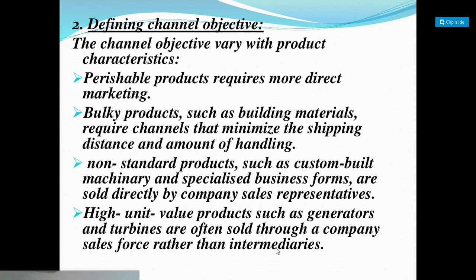Not only that, high-value products such as turbines, generators, and big electrical items will be sold only directly by the sales force, not through intermediaries, because those people are aware of these things.